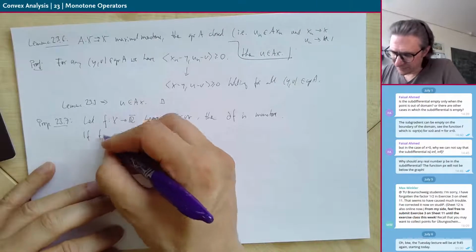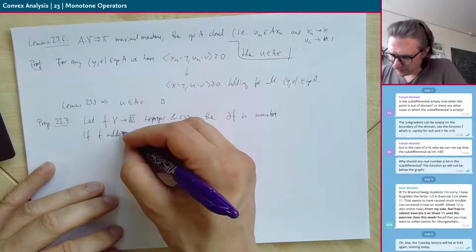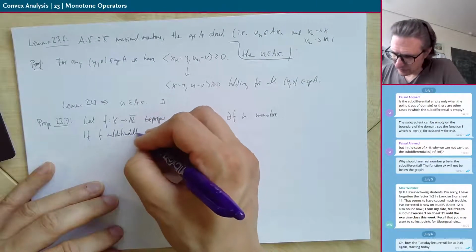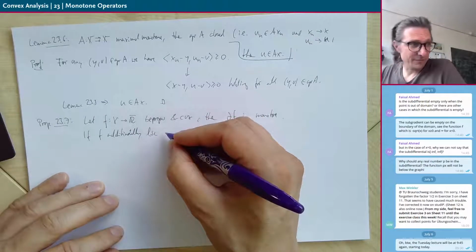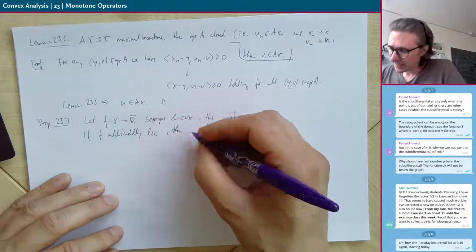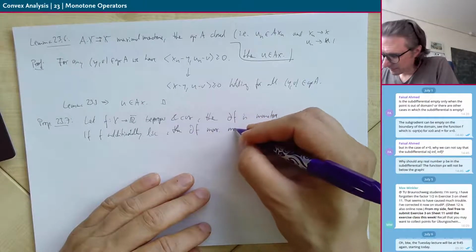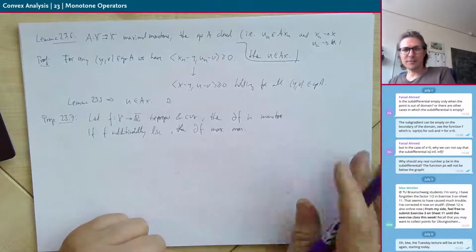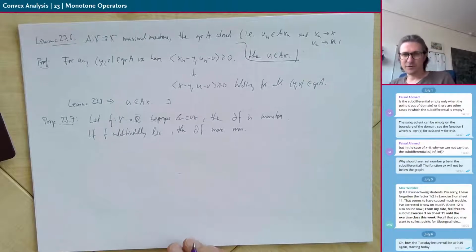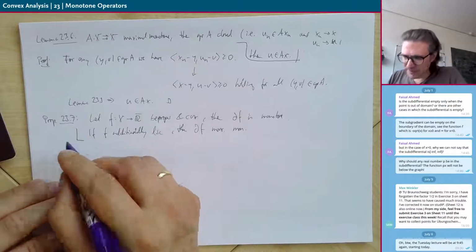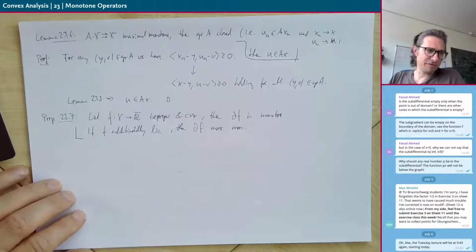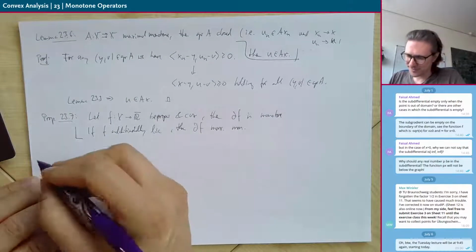And if f is additionally lower semi-continuous, then the subgradient is maximal monotone. So subgradients of convex functions are monotone, and subgradients of lower semi-continuous convex functions are even maximally monotone. So this sounds like a big result, but actually it's fairly simple to prove.